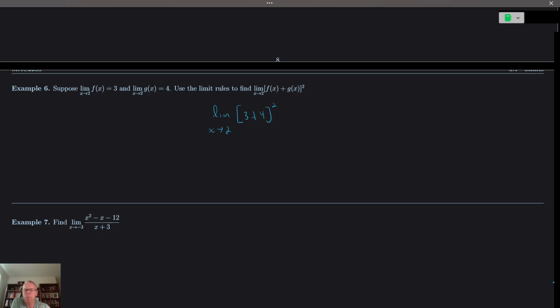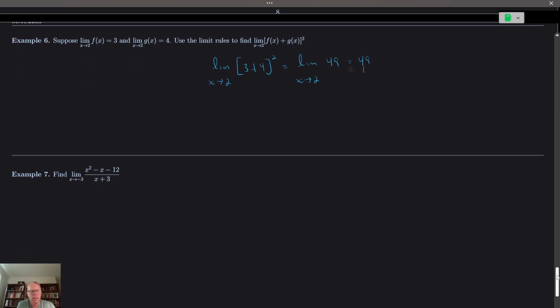So 3 plus 4 squared is 49, and this is just a constant, so this would just be 49. Basically you just plug in whatever f of x is, plug in whatever g of x is, and then simplify.